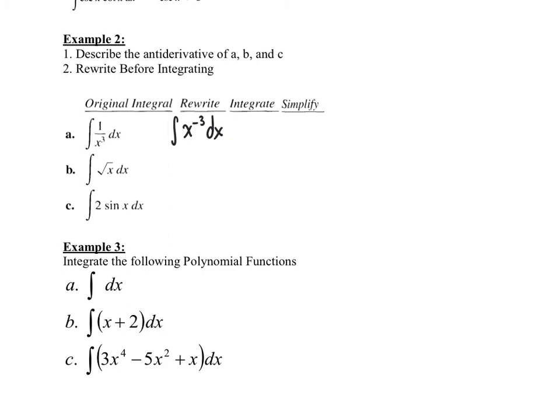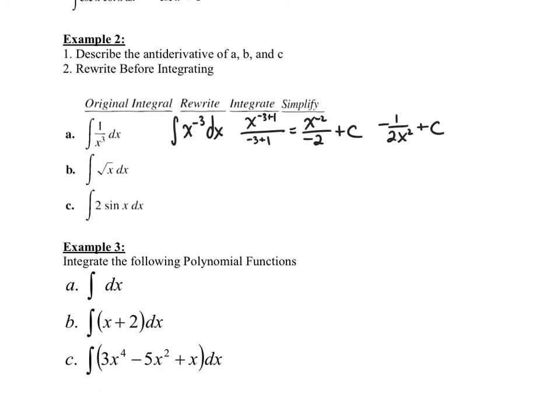If I were to integrate it, I have that power rule where I can add 1 and divide by the exponent, which gives me x to the negative 2 over negative 2 plus c. And then to simplify that, that would just be negative 1 over 2x squared plus c.